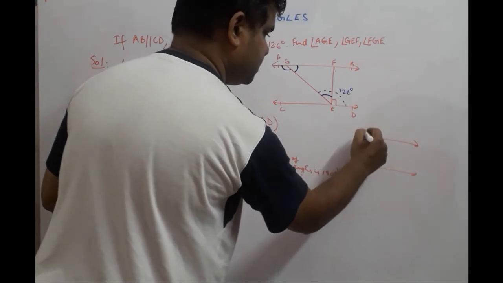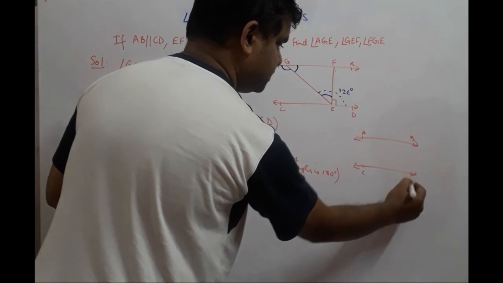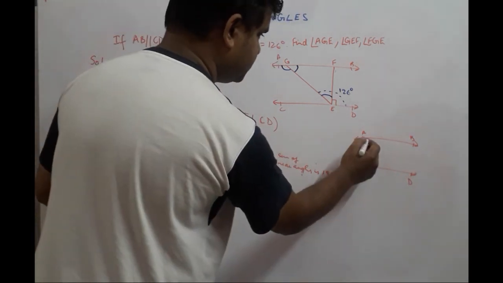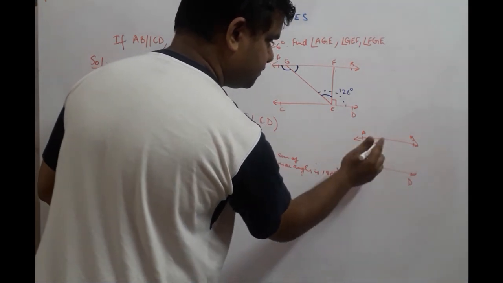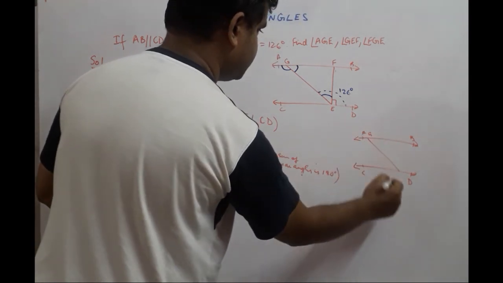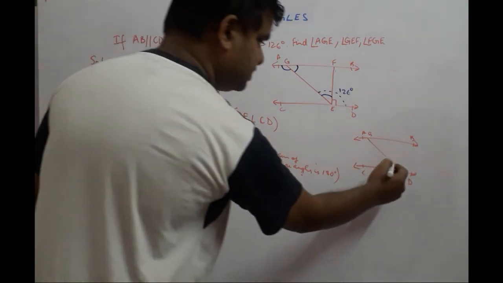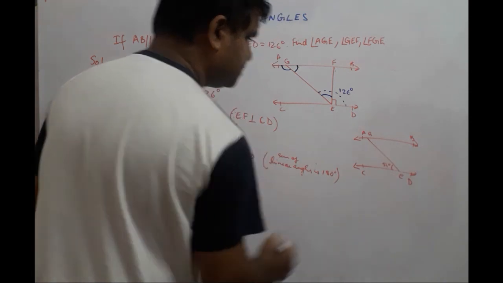You have AB parallel to CD over here, and I'm just going to draw this line. Sorry, this is G over here and this is E. We have found this equal to 54 degrees.